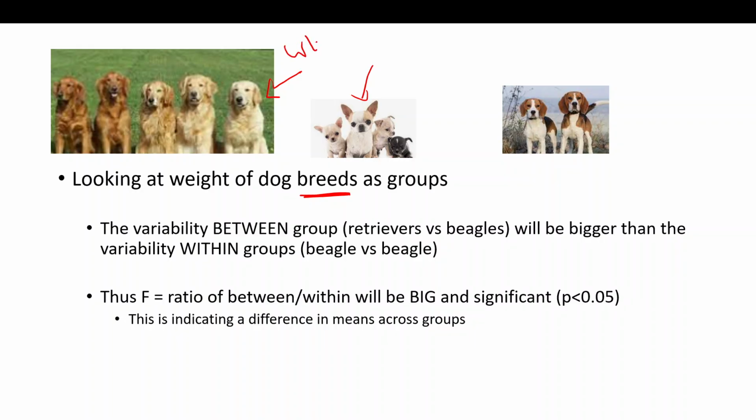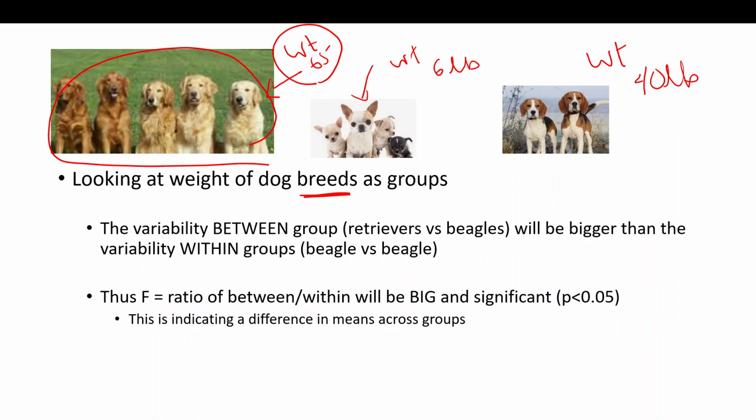The average weight of a golden, I believe, is about 65 pounds. The average weight of a Chihuahua is maybe 6 pounds. The average weight of a beagle is, I think, about 40. I'm taking a guess. I'm not going to look it up. Within the group, which is the breed, there's variability, but it's not huge.